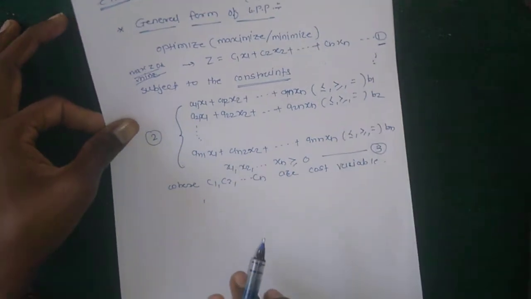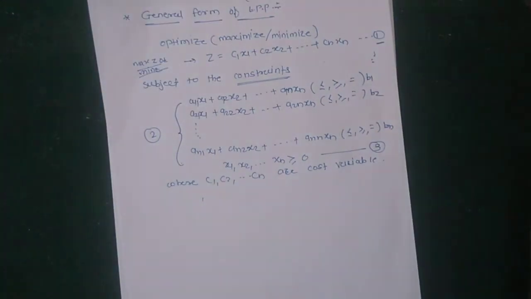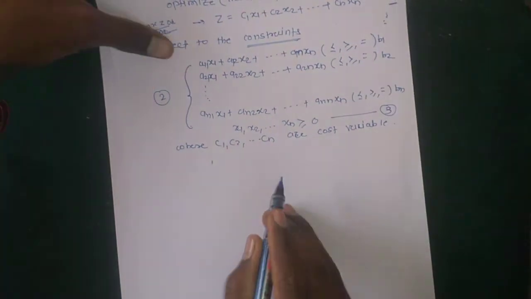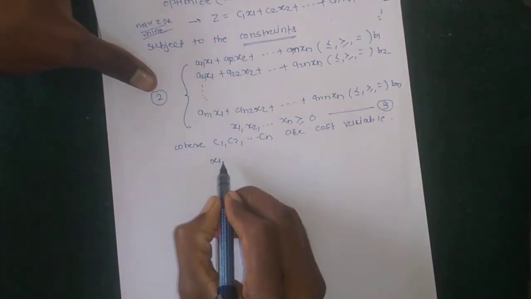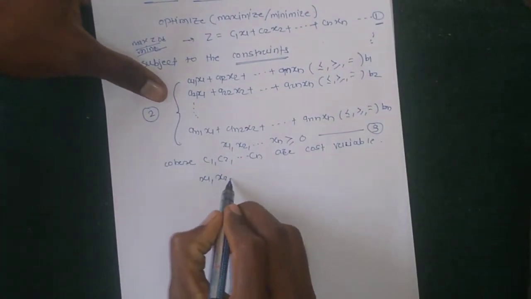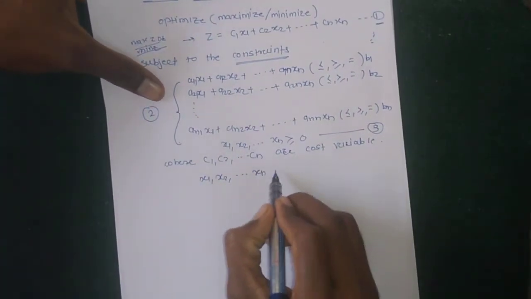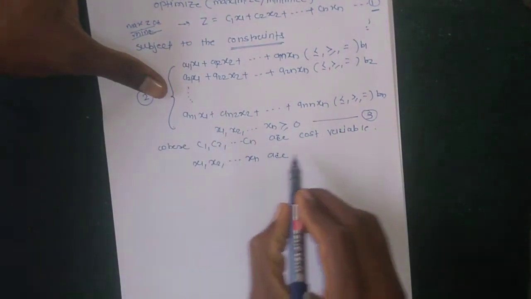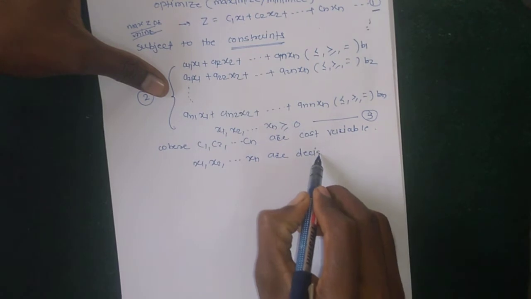The c1, c2 are called cost variables, and x1, x2 up to xn are called decision variables.